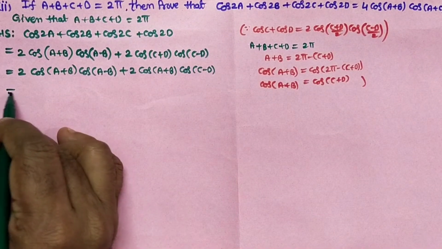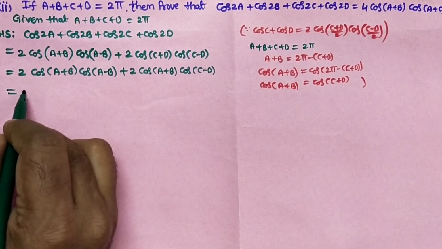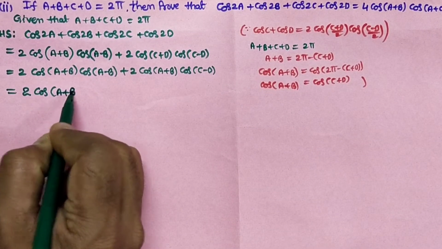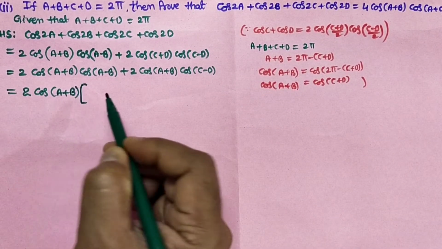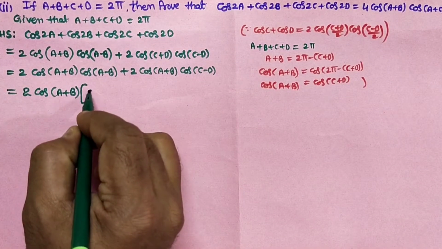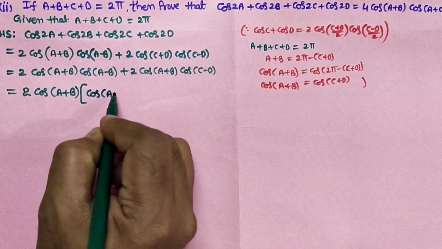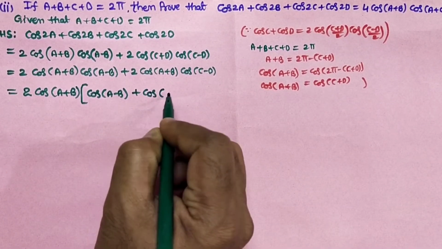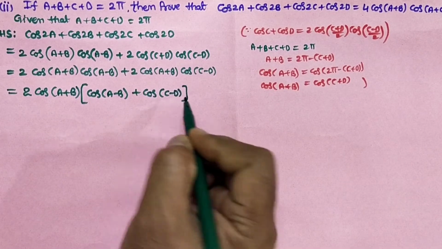From these two, 2 into cos of (a plus b) take common. The remaining terms are cos of (a minus b) plus cos of (c minus d).